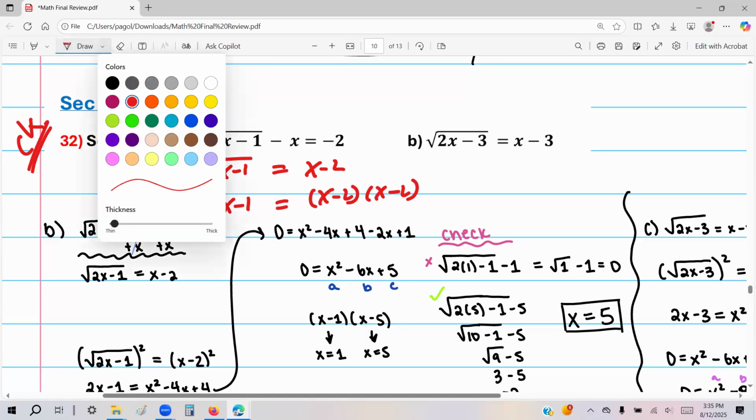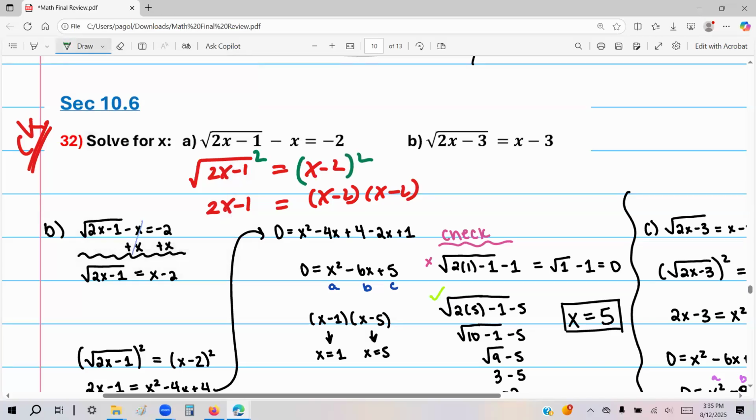When you square both sides, this is what it means. The radical cancels out, so there is no radical, but the other side repeats itself twice. So now you see you're not squaring each one, you're just distributing.